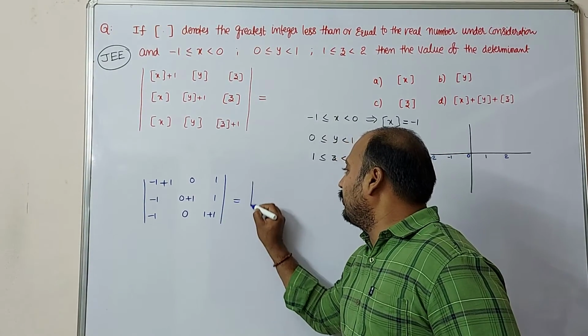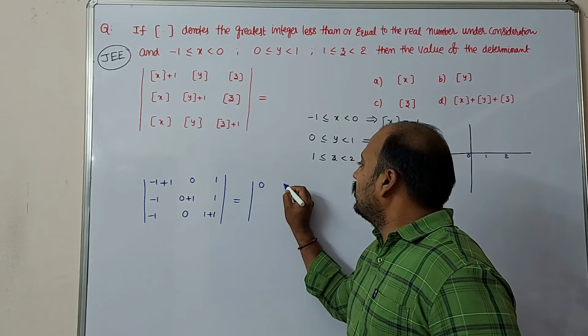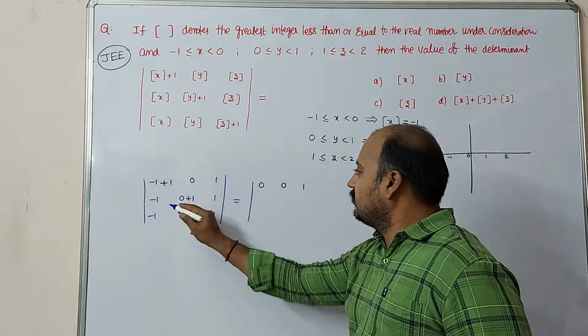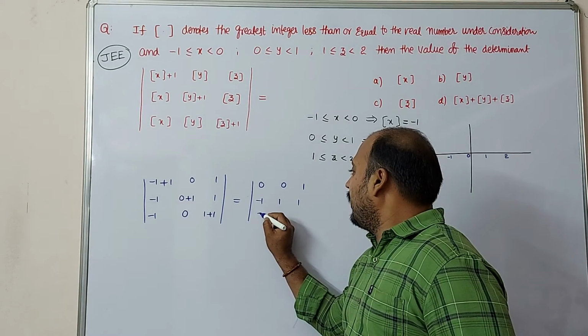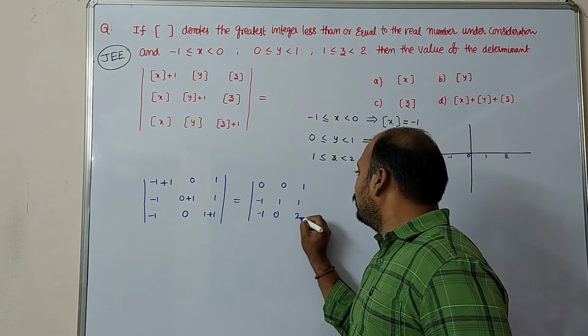This equals the determinant 0, 0, 1; minus 1, 1, 1; minus 1, 0, 2.